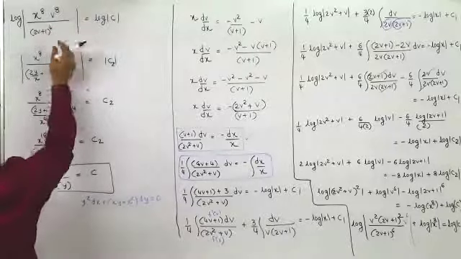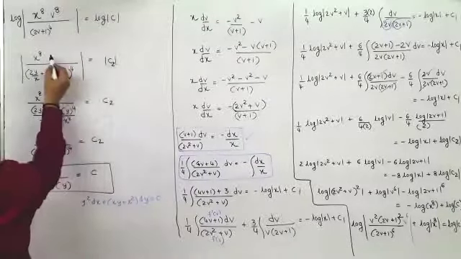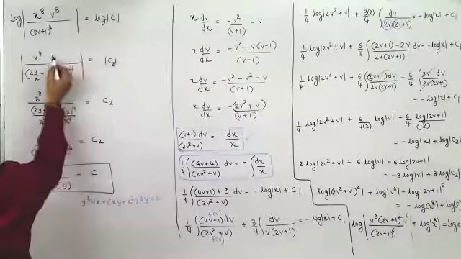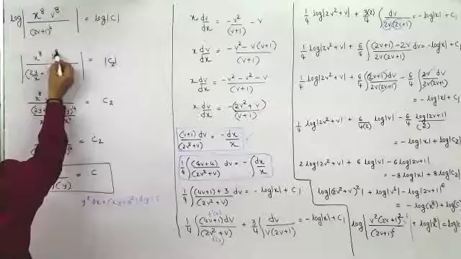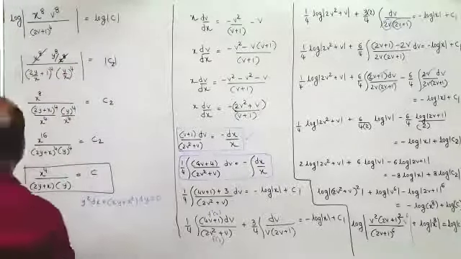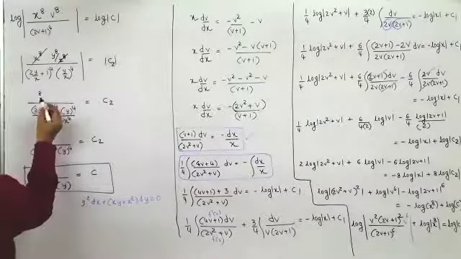So this would be x raised to 8 into y by x raised to 8. So y raised to 8 upon x raised to 8. These two get cancelled. Now you are left with y raised to 8 here.